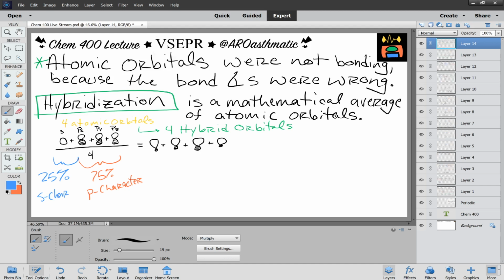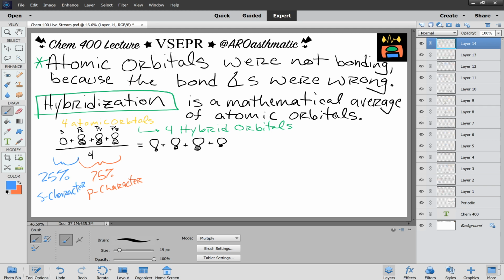All right, that is to say that they look more like the p orbitals than the s orbital. All right, they have more p quality to them than s quality. And now, so we took an average of our 4 orbitals. We got 4 new mathematical functions out.